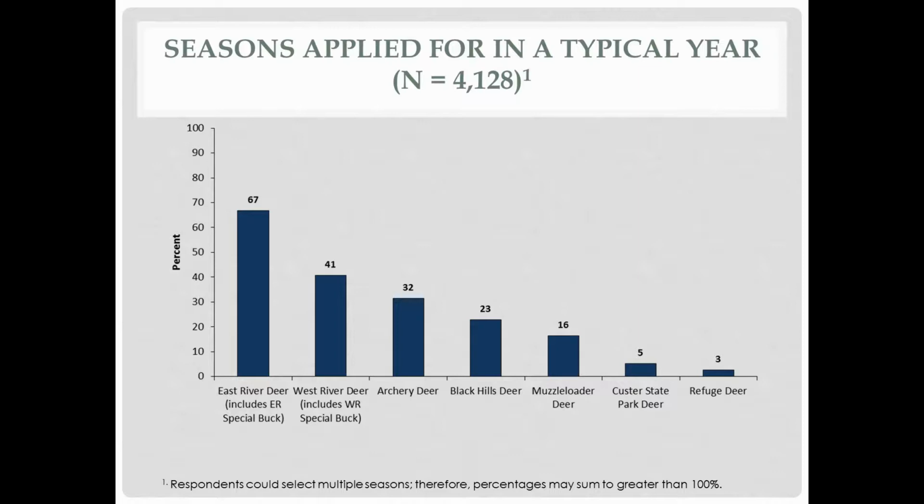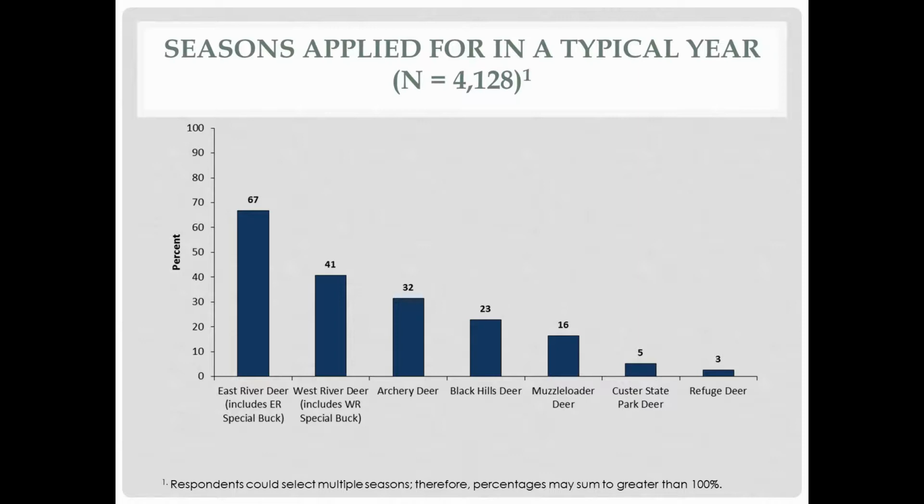But 67% indicated they typically apply for East River deer, another 41% indicated West River deer, and then archery comes in at about a third of our deer hunters. Again, keeping in mind that someone could be in East River deer, West River archery, or any combination thereof.